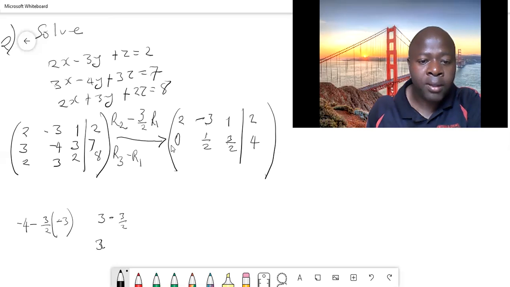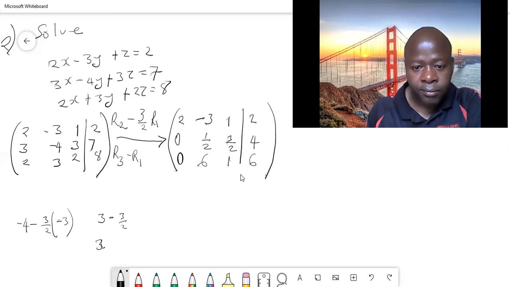When that happens, we'd have a 0 in this position, a 6 in this position, a 1 in this position, and a 6 in this position. Good.